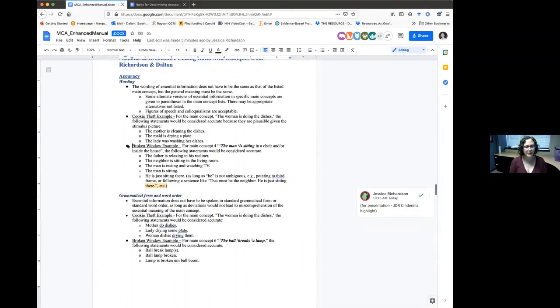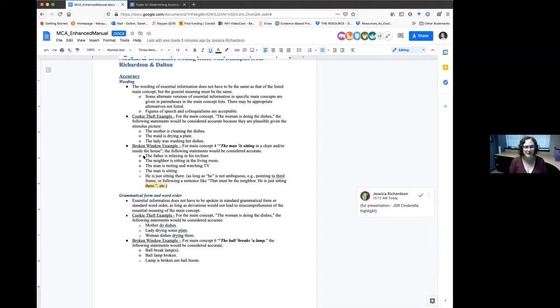So if we take a look at our broken window example, for main concept number 4, the man is sitting. The essential elements are the man and is sitting. Things that were frequently said along with it but did not reach our criteria to be included as essential are things like in a chair or inside the house.